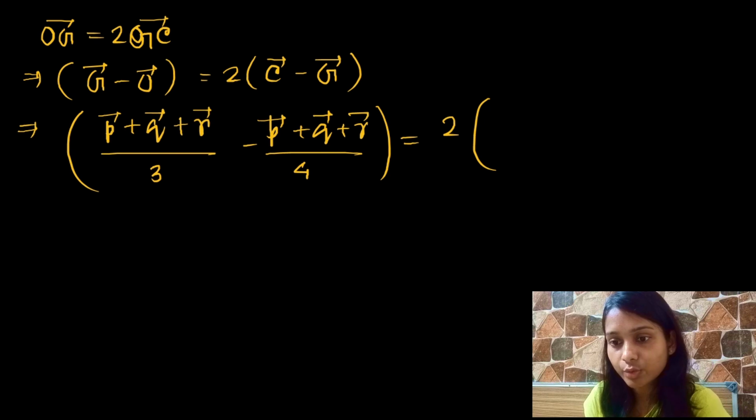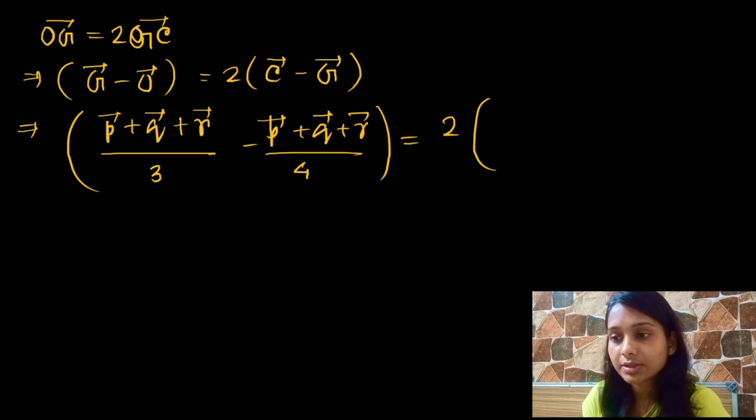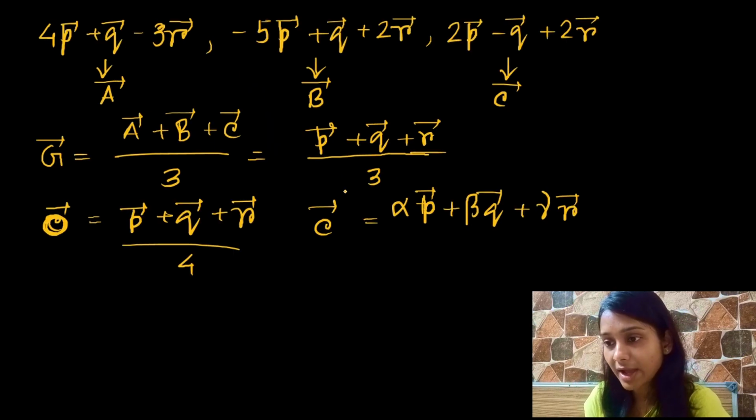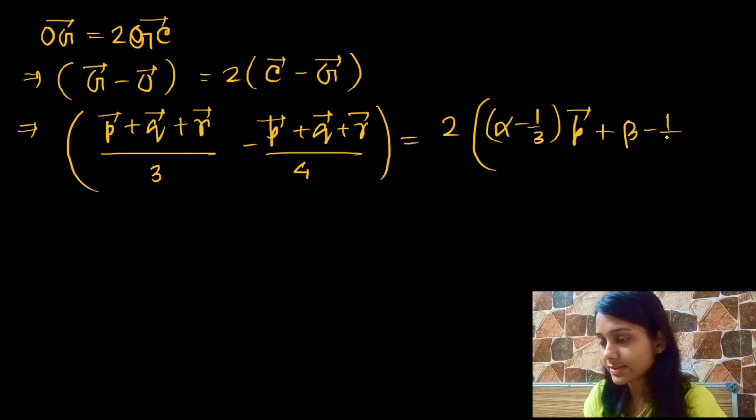G minus O will be this minus this, and C minus G will be this C minus this. So alpha minus 1/3 p, beta minus 1/3 q, gamma minus 1/3 r. So alpha minus 1/3 p plus beta minus 1/3 q plus gamma minus 1/3 r.